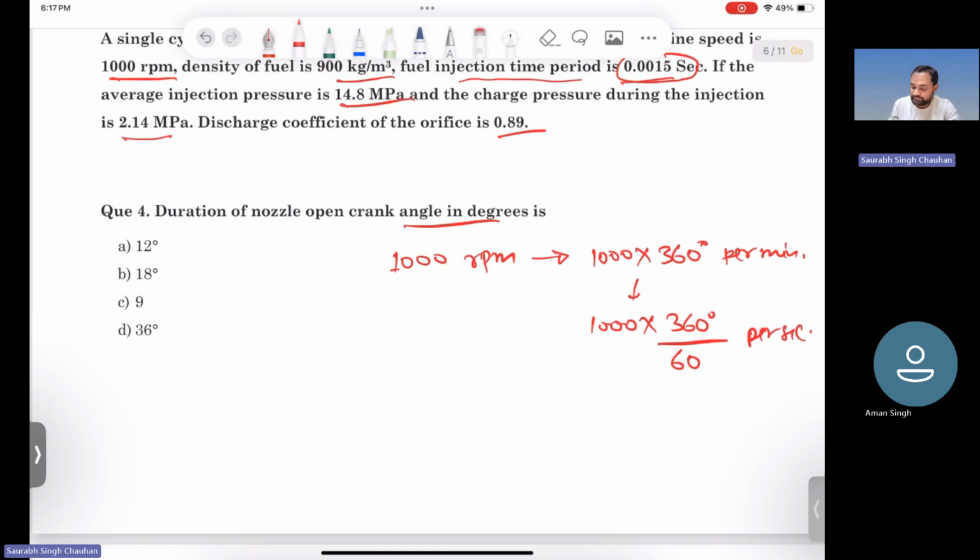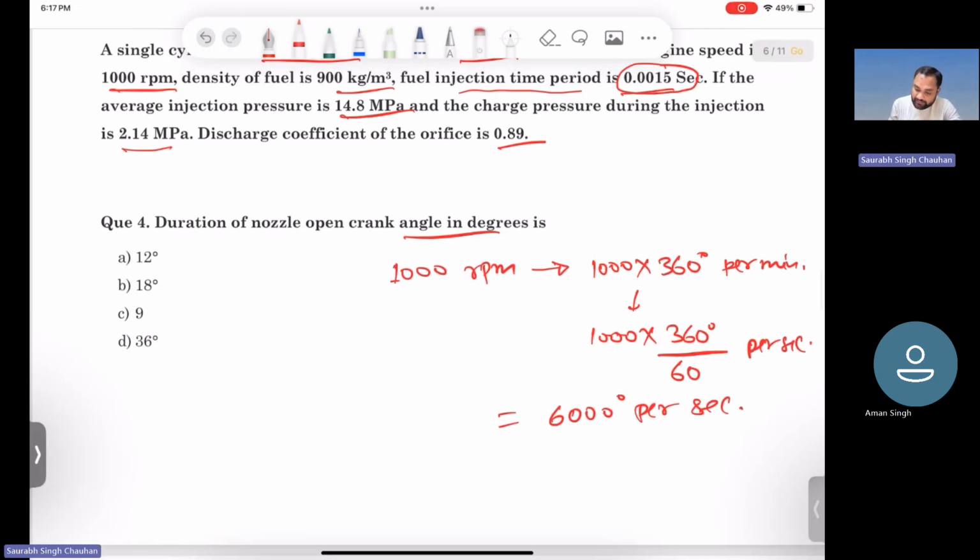So this is the engine speed, 6000 degree per second. And injection time is given, 0.0015 second.